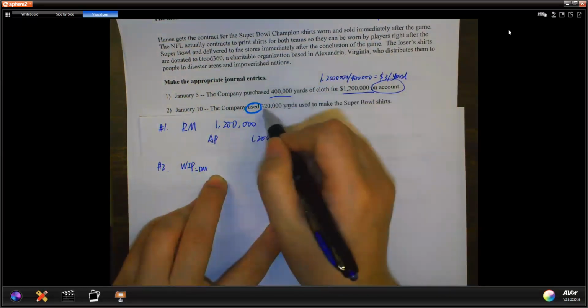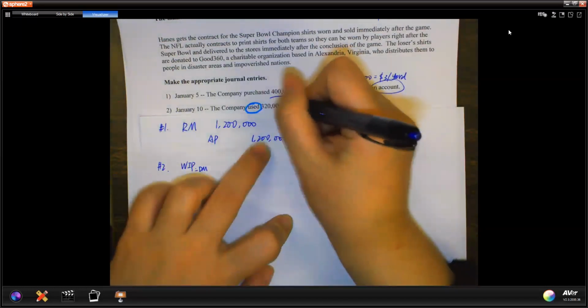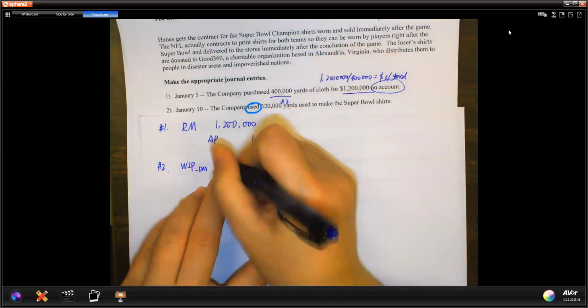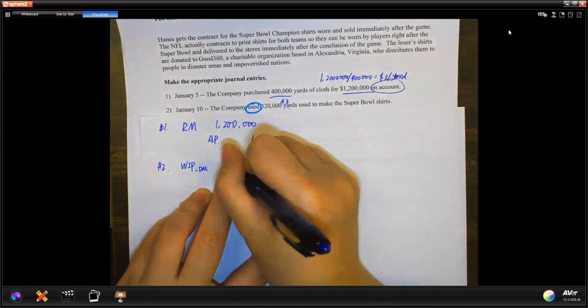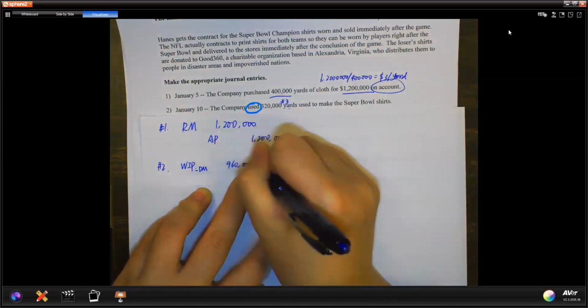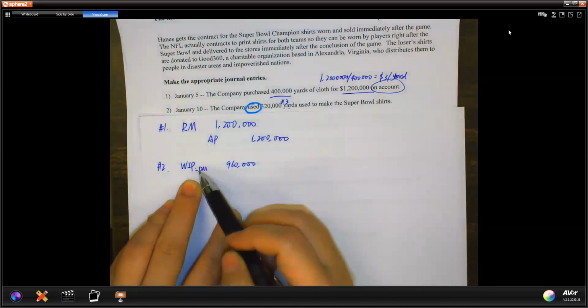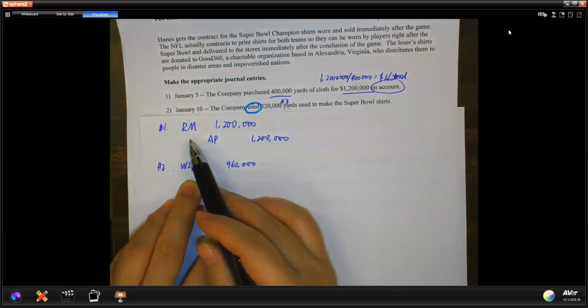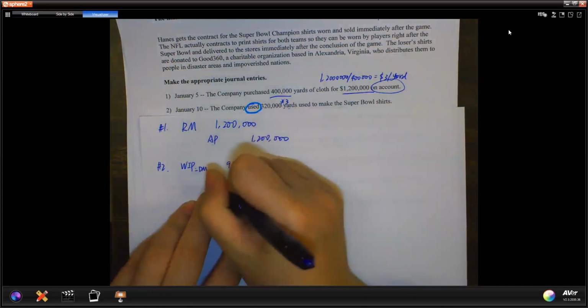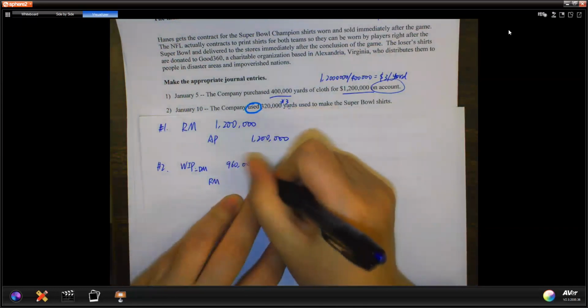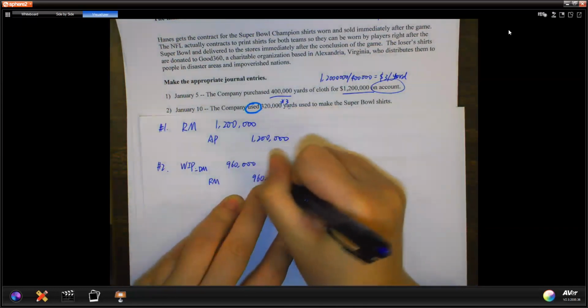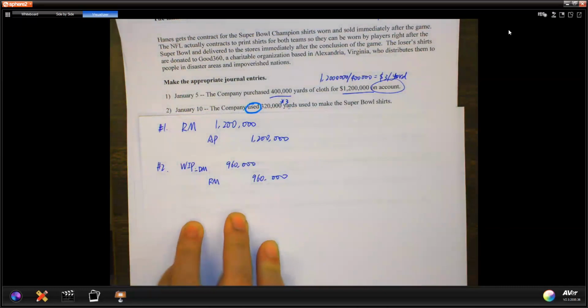So you use 320,000 yards times 3, which gives you $960,000. We used our raw material, so we have to credit it. Our raw material decreased by 960,000. That's our second journal entry.